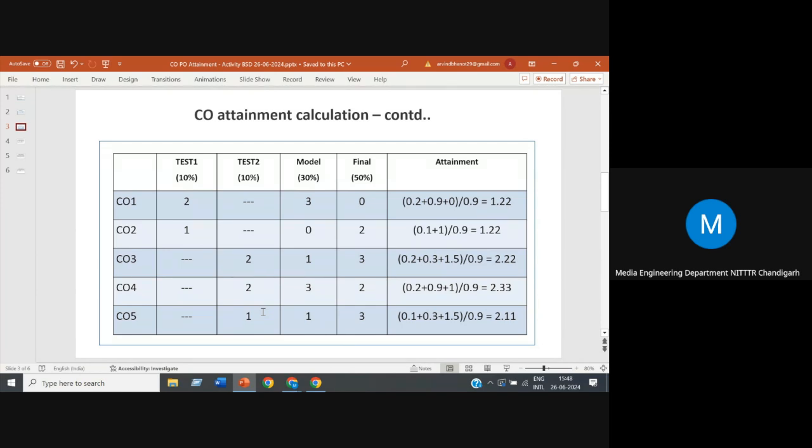Are you getting the same? Yes, sir. Okay. So now this is CO attainment using direct method. Let's move further. Again, click a photo or take a screenshot of this slide. This is required for the next slide.